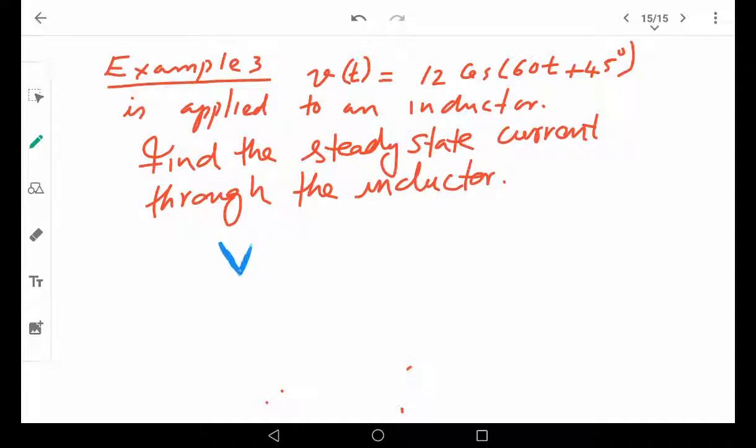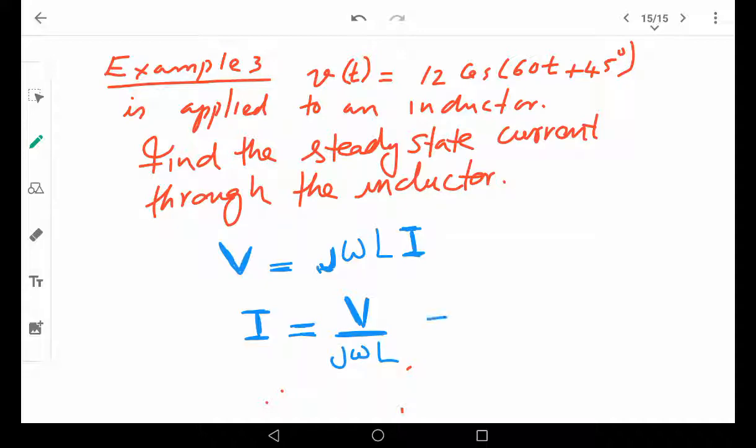You write the equation. For the inductor you have the law V equal to j omega L I, where I is the phasor of the current. So I equal to phasor V divided by j omega L, right?